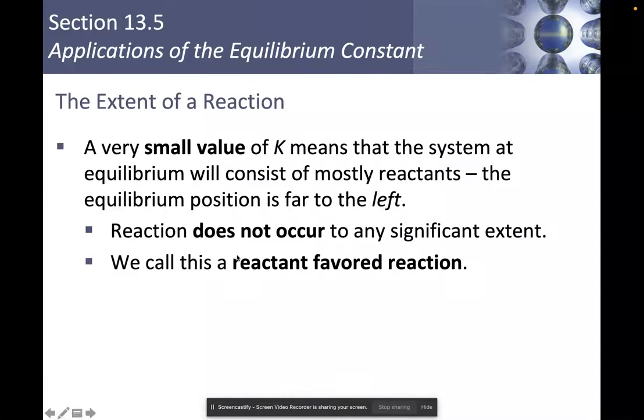So a lot of reactions that are totally unlikely to happen actually have equilibrium constants that are very small values, which means that they're extremely unlikely. It doesn't mean they don't happen. It just means that your reactants are stable. And so I always call this a reactant favored reaction. In other words, though, the reaction does not occur.